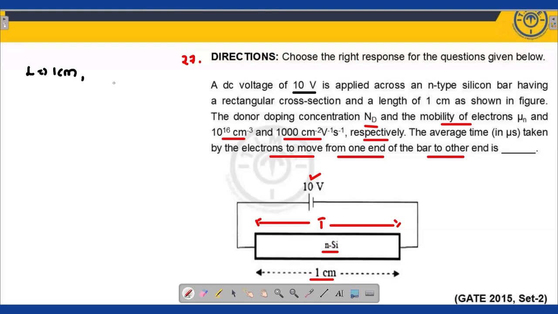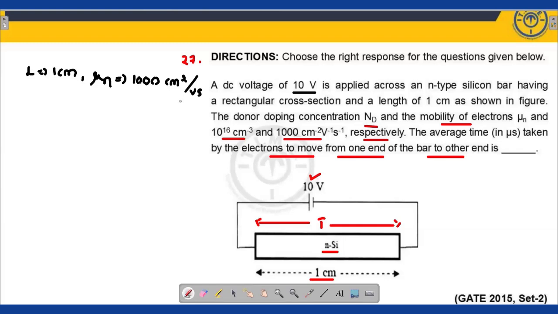And mu n value is equal to 1000 centimeter square per volt second.